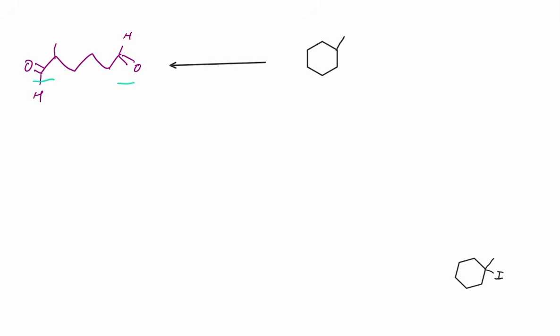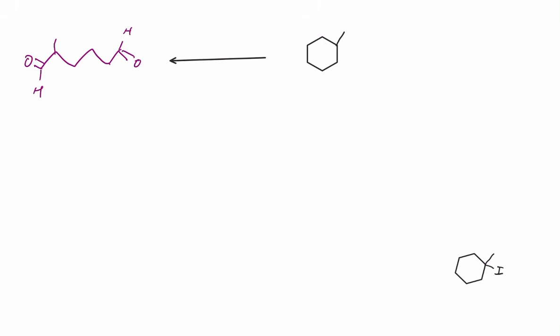Now, this is what stumps a lot of students: identifying where in this carbon chain or in this structure the double bond originated. If you're having trouble visualizing it, the method I would normally use to do this is by first identifying any abnormalities in the chain.